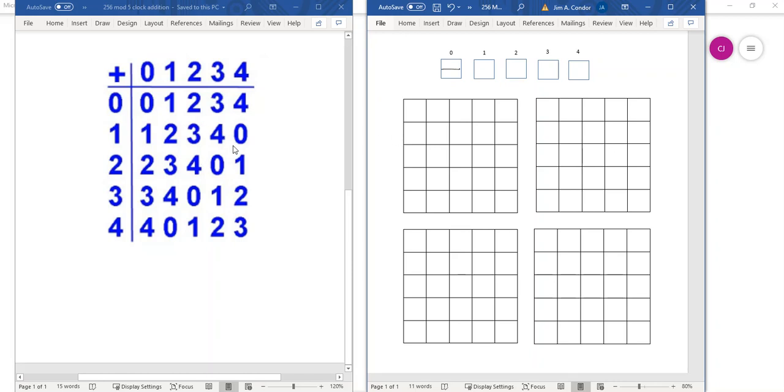Everywhere there's a 0 here is going to have that in these cells. A 1, I'm just going to come down here and fill this in very quickly. Roughly, I'll fix those up later. A 2 is going to be just that.